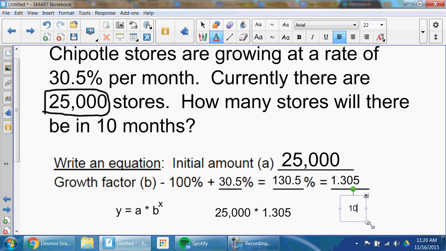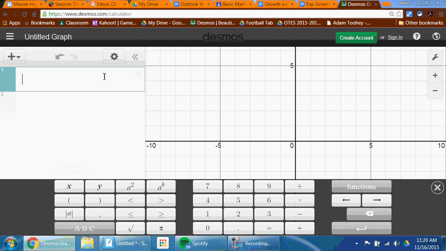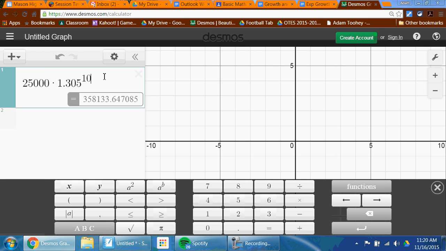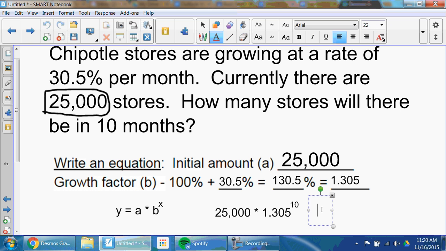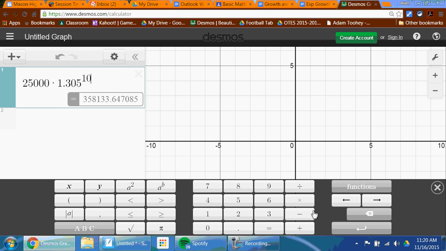So 10 is going to be my exponent. I'm going to type all that into my calculator. 25,000 times 1.305 to the 10th power. And that gives me roughly 358,133 stores.